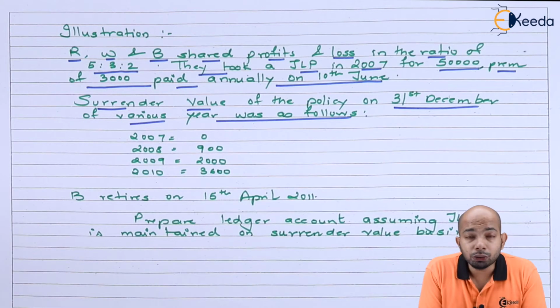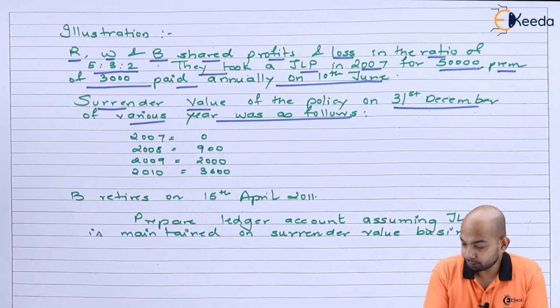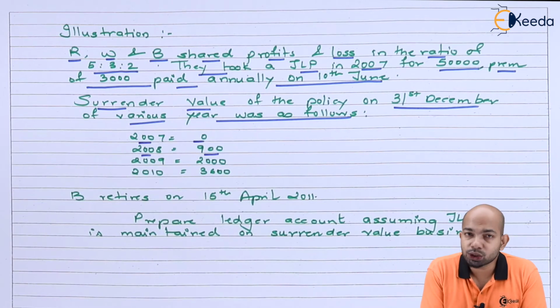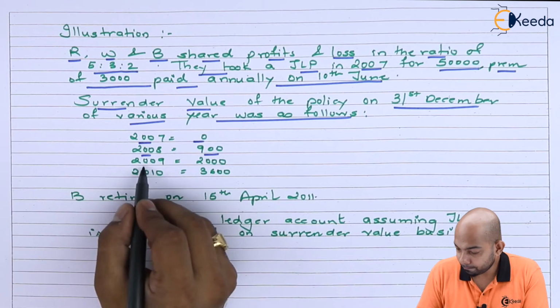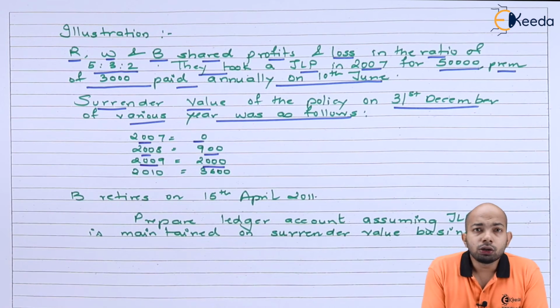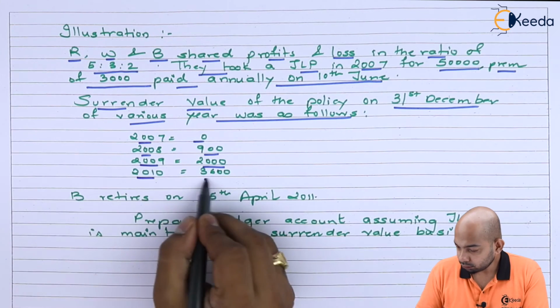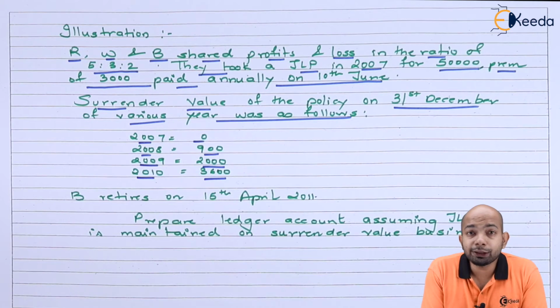The surrender value as of 31st December for various years was provided as mentioned below: starting from 2007 it was nil, 2008 it was 900, 2009 it was 2,000 rupees, and 2010 it was 3,600 rupees. So these are the surrender values that were mentioned here.